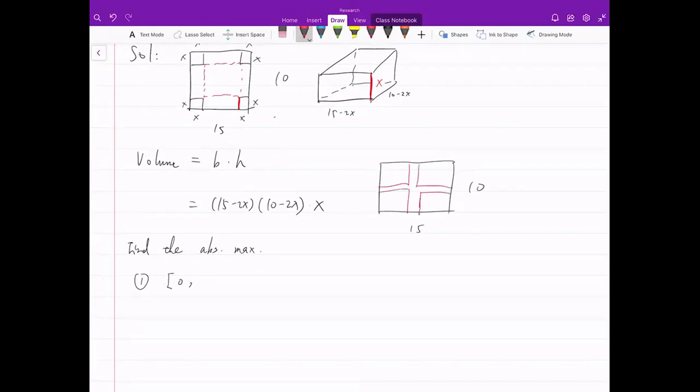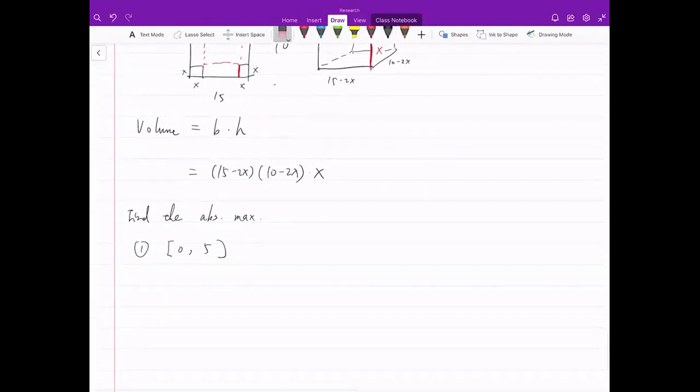What's the biggest? Half the size, right? Half of the shorter size. So the biggest you can do is 5. You cannot go beyond that because then you're basically at the middle point. All right, go ahead. Try to find the max.